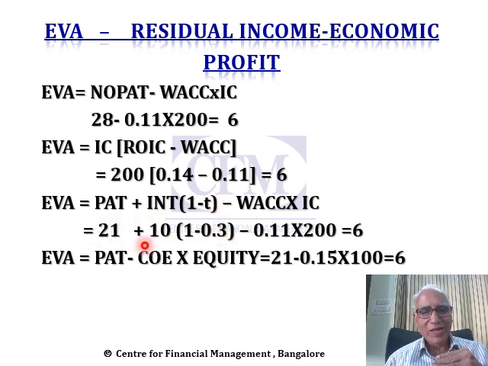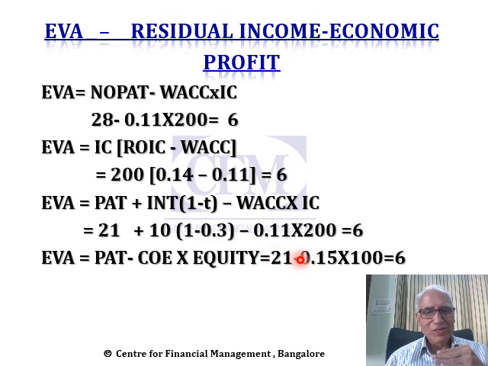So we get NOPAT as a sum of these two, which is 28 million, minus the product of weighted average cost of capital and invested capital, which is 22 million. EVA is 6 million. Finally, a very simple calculation is shown here. EVA is equal to profit after tax minus cost of equity multiplied by equity.